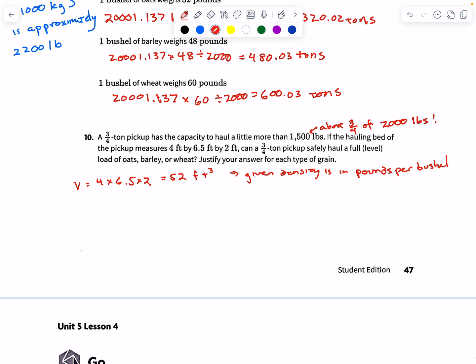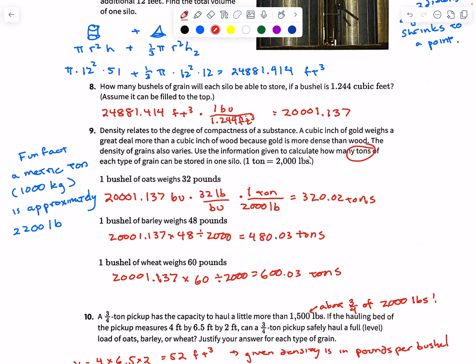So I could do it by figuring out the tons, but I can also just do it by saying 52 feet cubed times 1 bushel per 1.244 cubic feet.